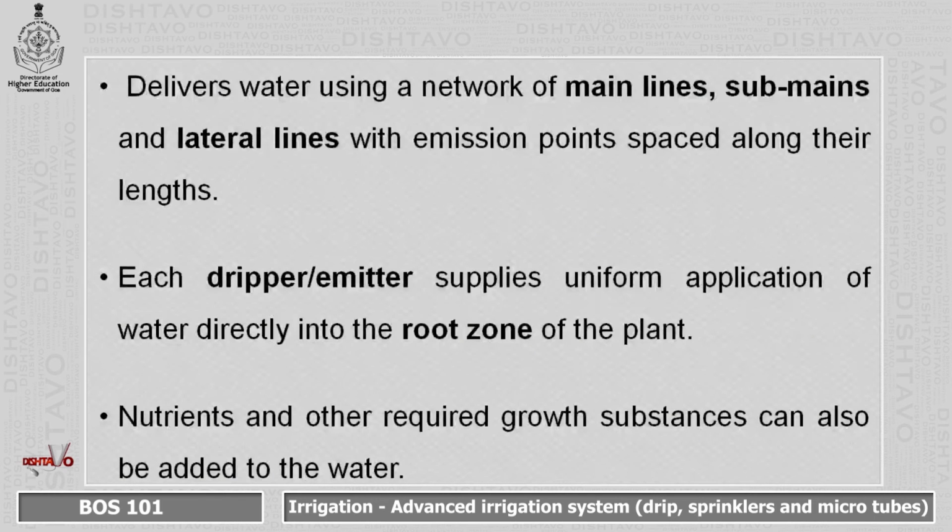It delivers water using a network of main lines, sub-mains and lateral lines with emission points spaced along their lengths. Each dripper or emitter supplies uniform application of water directly into the root zone of the plant. Nutrients and other required growth substances can also be added to the water.